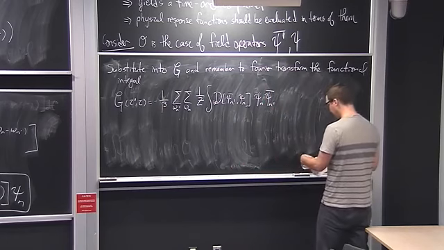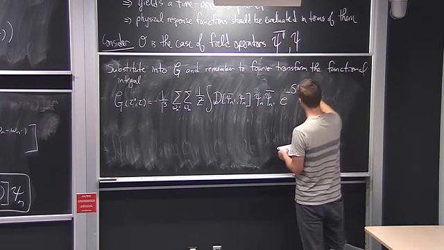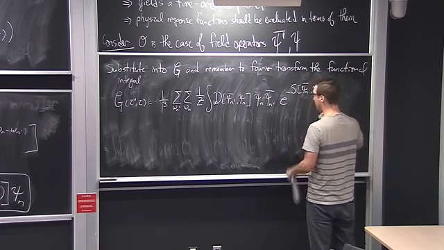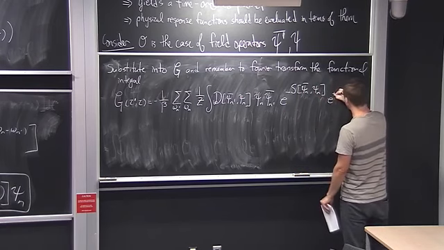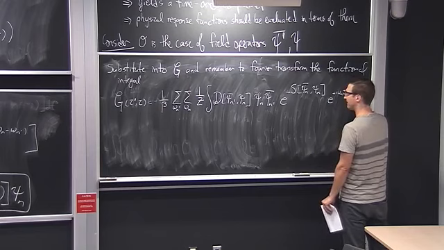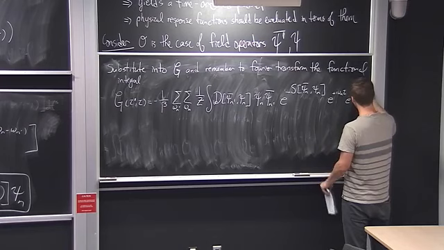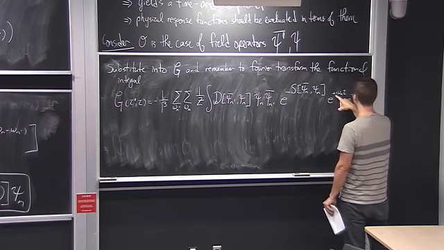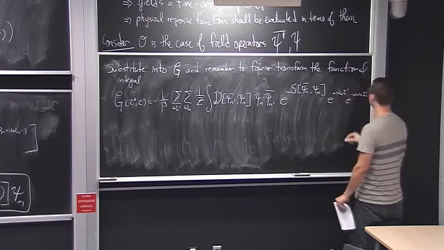Okay. Then e to the minus action, which I've already Fourier transformed. And then from these fields, I still have e to the minus I omega n tau. That one comes first. Oh, that one's plus because it's a conjugate. I got these backwards. So I can just label this one n prime, tau prime. There.